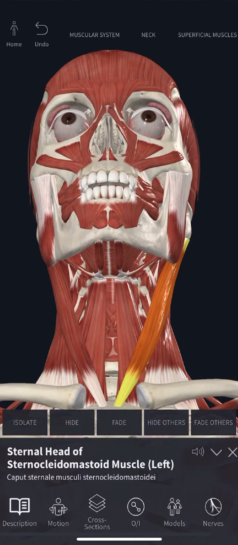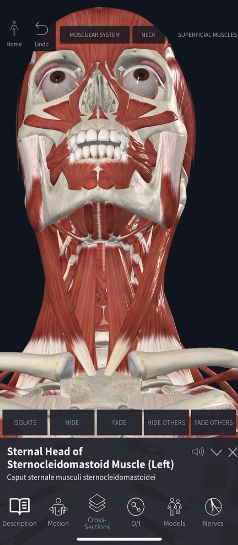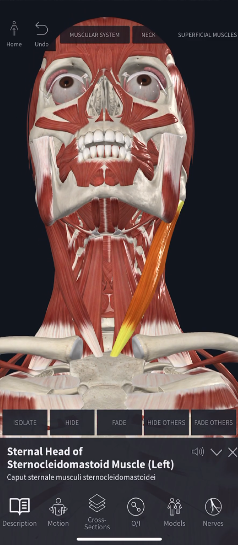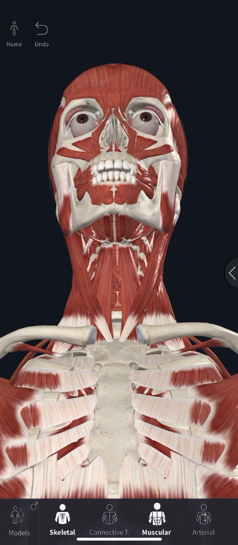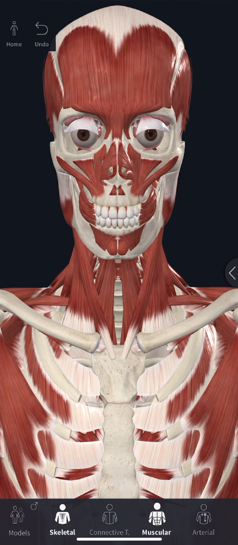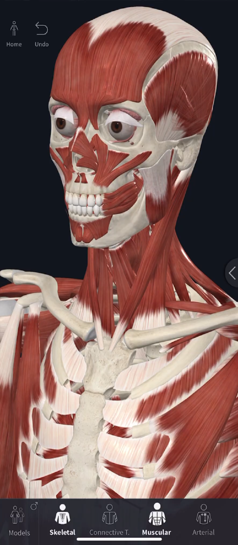This is going to do so by originating on the manubrium of the sternum, sterno, and the clavicle, cleido, and then inserting onto the mastoid process of the temporal bone, mastoid. Sternocleidomastoid. Action is to flex and rotate the neck.